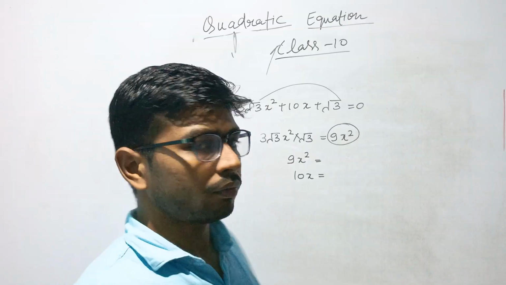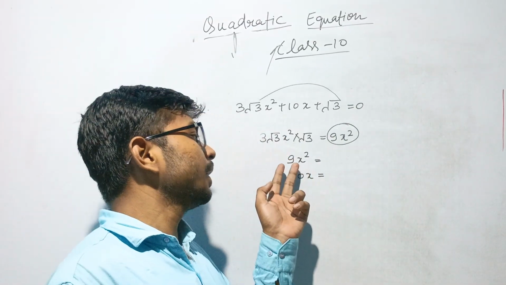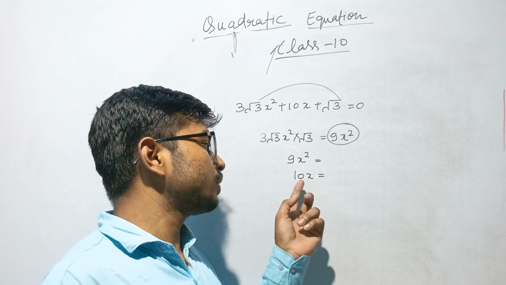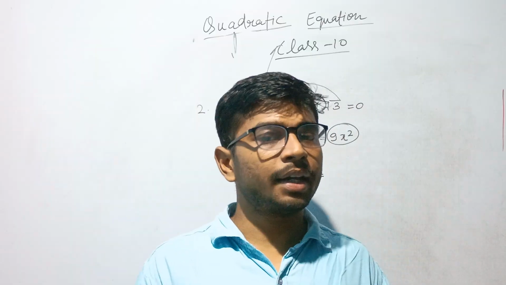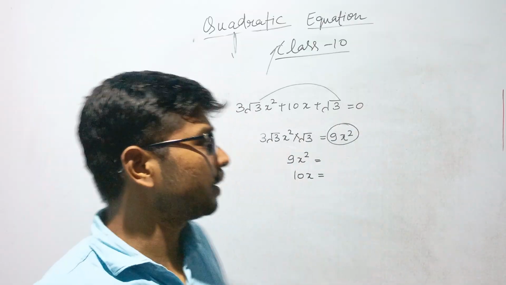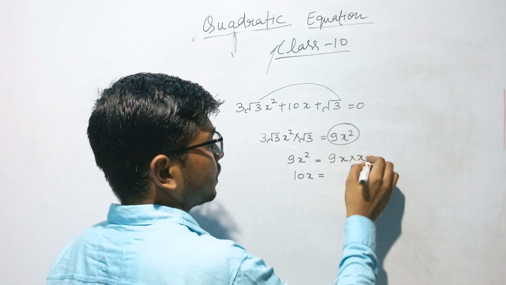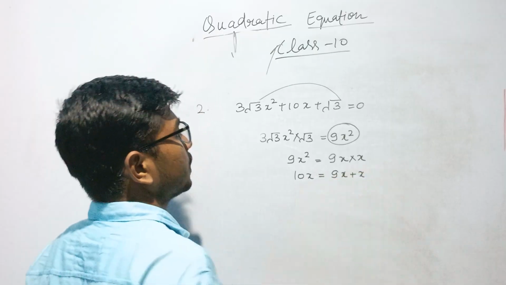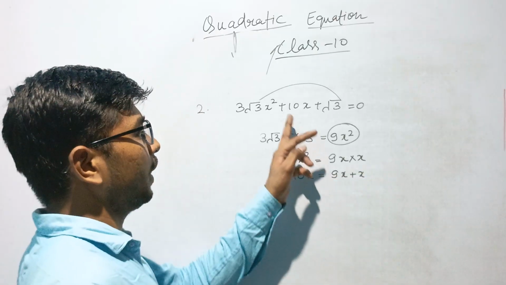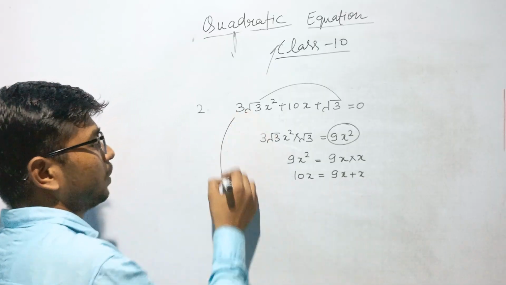Now we have to pick two terms such that the product should be 9x square and the addition should be 10x. So 9x into x is 9x square, and 9x plus x will be 10x. So instead of 10x, now we will put 9x plus x. Okay, let's solve.